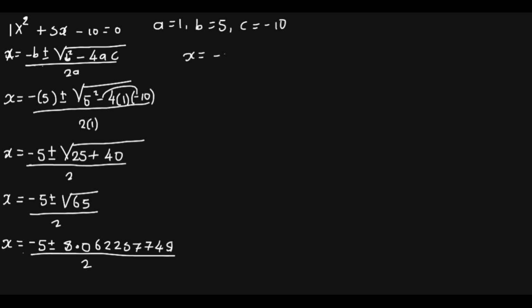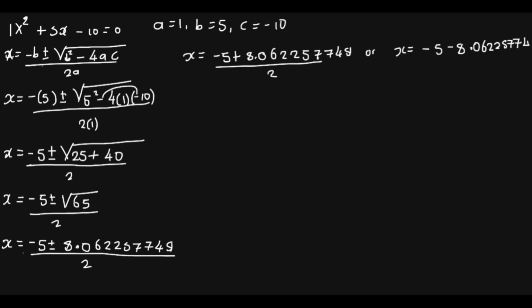So x is equal to -5 plus 8.062257748 over 2, or x is equal to -5 minus 8.062257748 over 2.